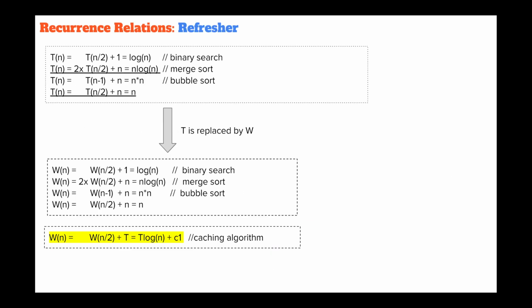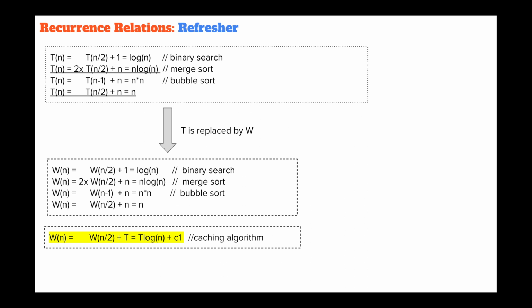Alright, this is a quick refresher on recurrence relations. We know that T(n) = T(n/2) + 1 is the recurrence for binary search, and its time complexity is log n. For merge sort, it is n log n. For bubble sort, it is n squared, and things like that. To avoid confusion, I have just converted T to W, and W can be thought of as work.